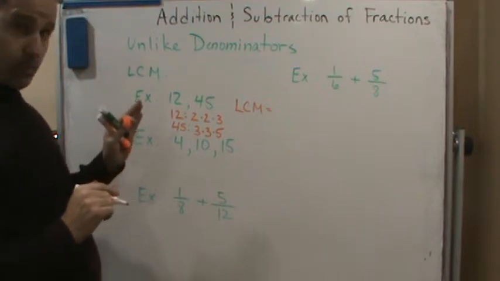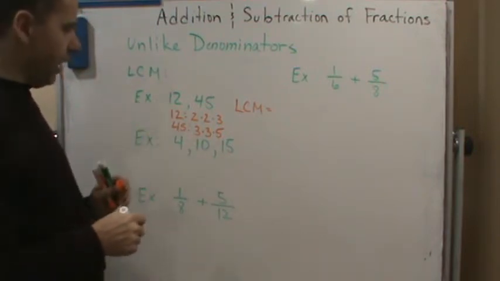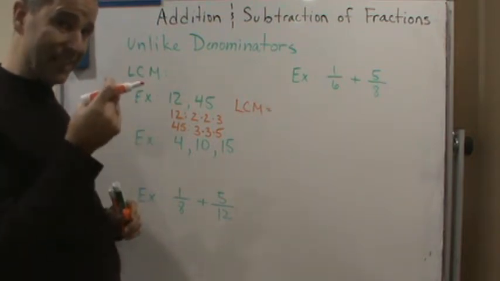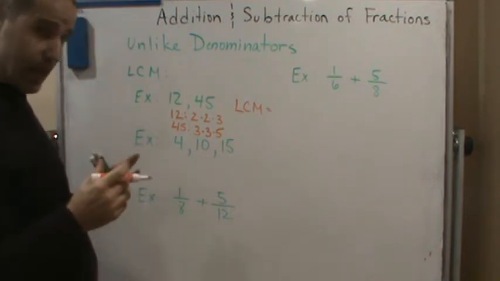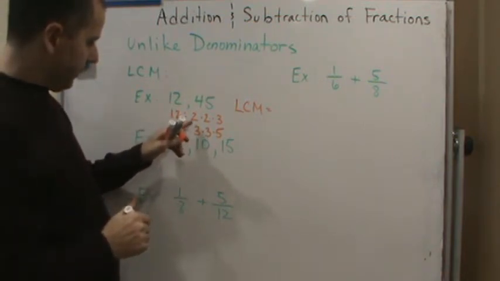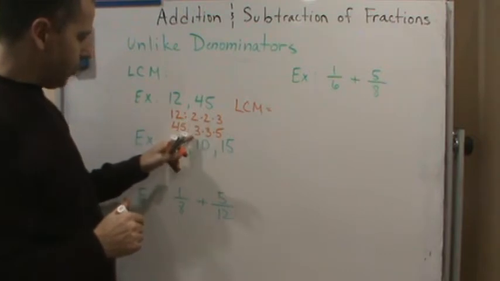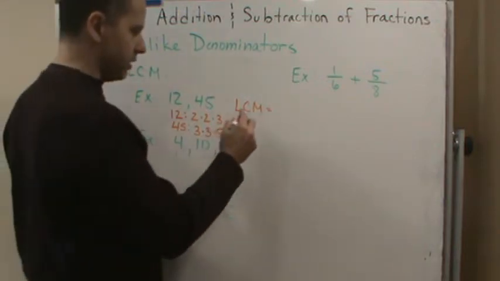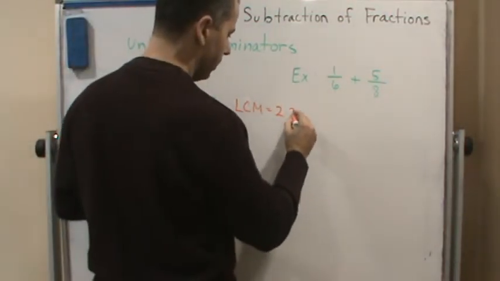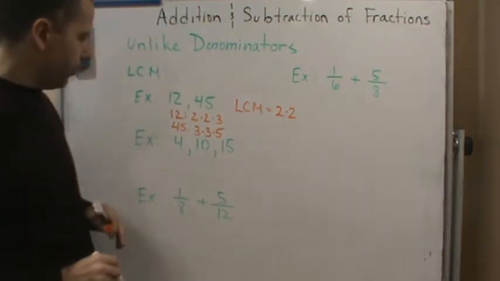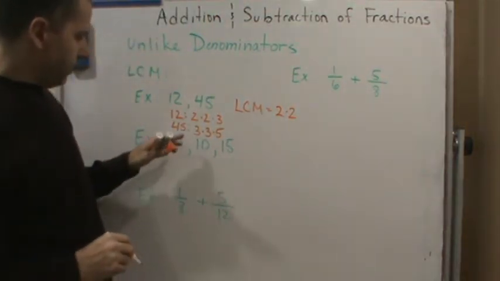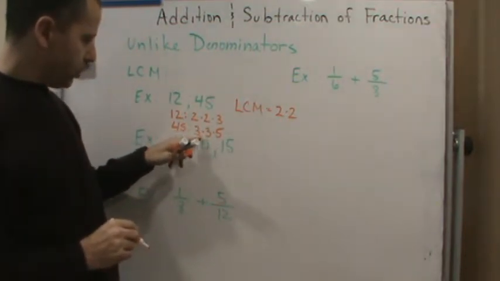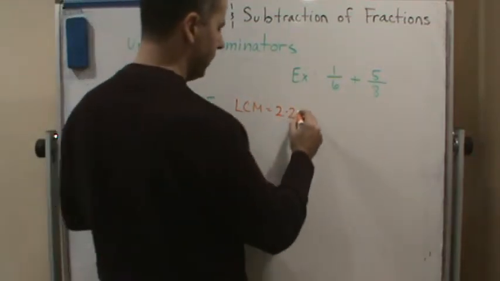Then you take the number of factors that is the greatest. For example, 2 shows up twice here and doesn't show up anywhere here, so I'm going to take 2 times 2. For the 3's, I take the number of 3's that show up the most. 3 shows up once here but twice here, so I'm going to take the 3 that shows up twice.